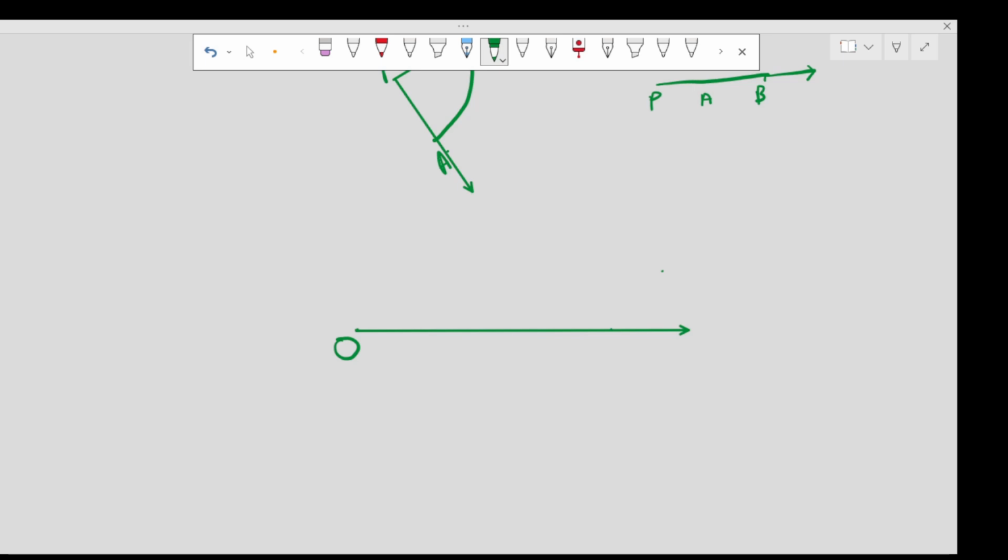To name the line, here is a point A. OA is a line segment; whenever we think about the whole line, that will be the line OA with an arrow sign.